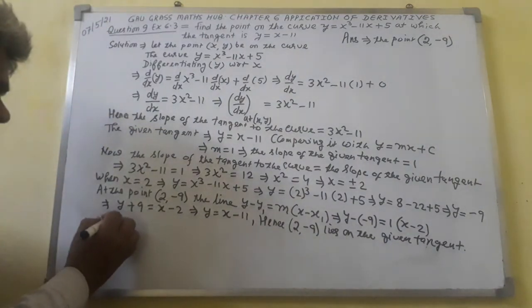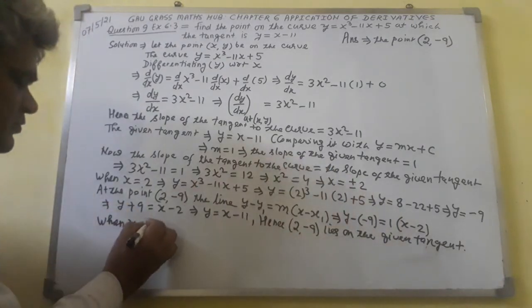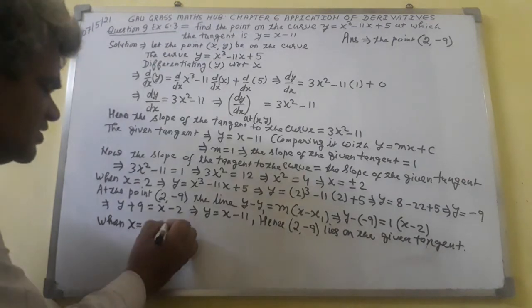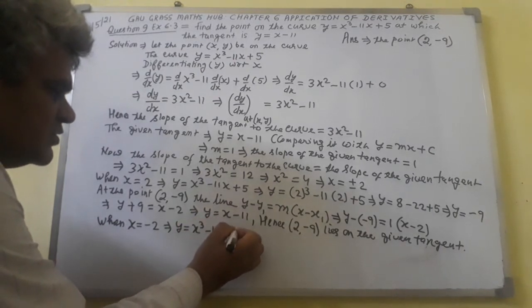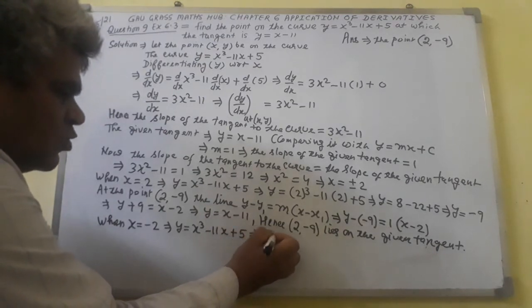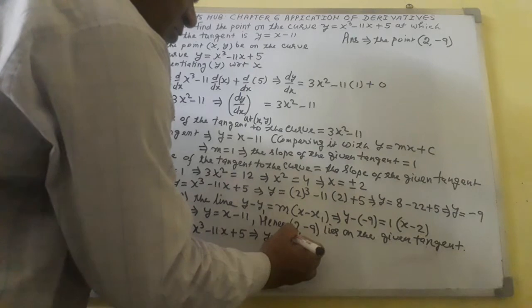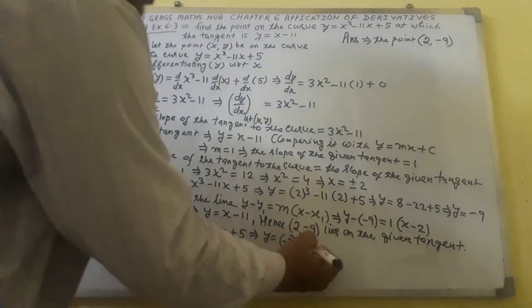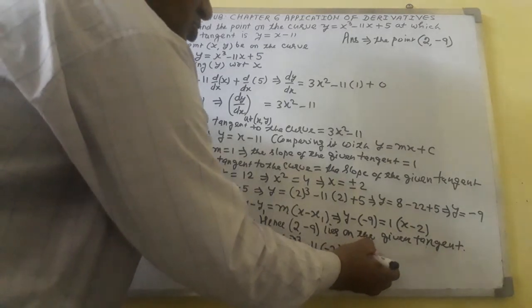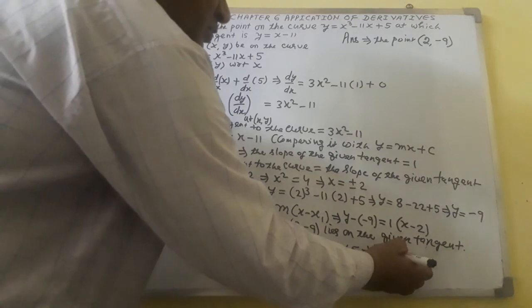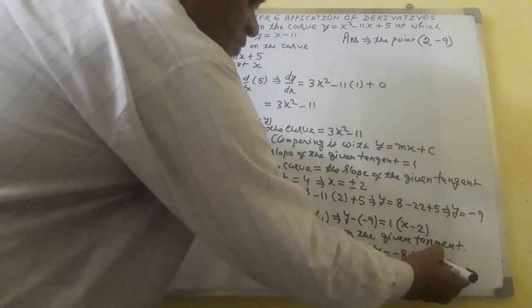Now when I shall take x equal to minus 2, so we shall get y equal to x cube minus 11x plus 5, which comes out to be y equal to minus 2 whole cube minus 11 times minus 2 plus 5, equal to minus 8 plus 22 plus 5.